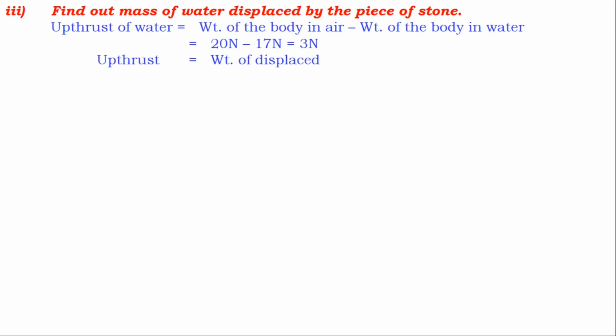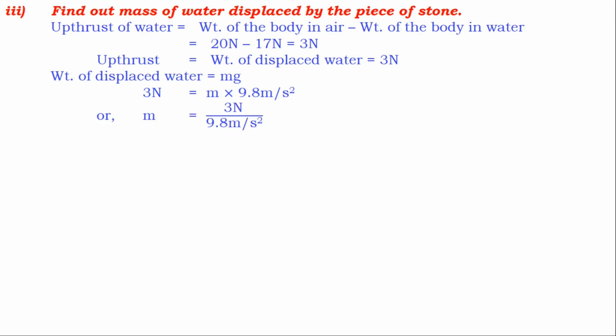If we have upthrust, that is weight of the displaced water 3 Newton, with the help of this we can calculate mass. Weight of displaced water equal to mg and 3 Newton equal to m into g, and m is equal to 3 divided by 9.8 meter per second square gives 0.306 kilogram. That's why this can be solved.